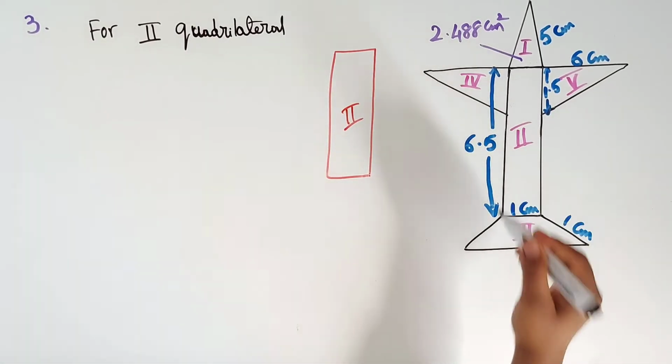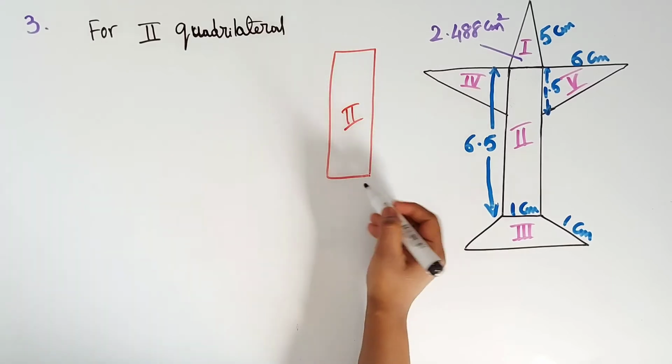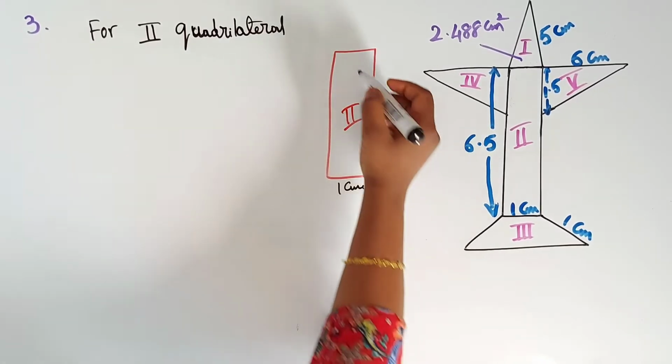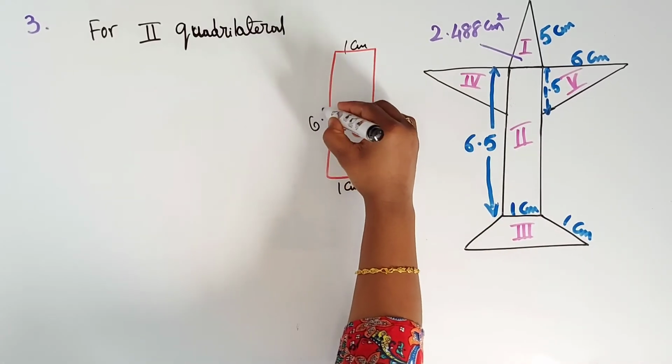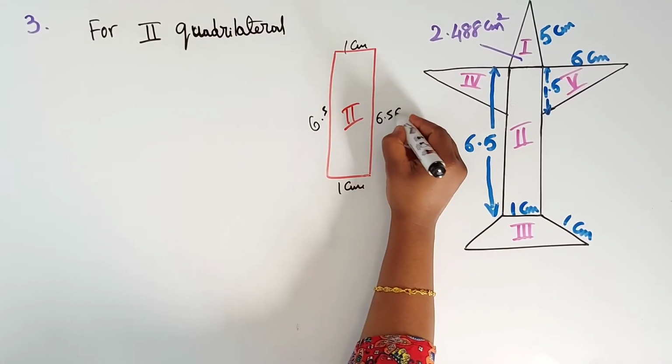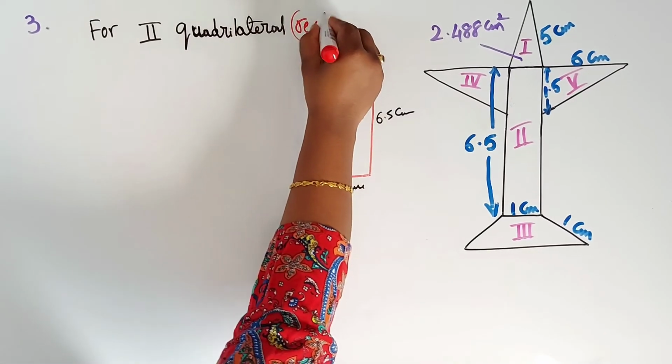Now for the second part, children, this is like a quadrilateral. That means a rectangle, children. See here 1 centimeter, which means here also 1 centimeter. This is 6.5 centimeter, that means this is also 6.5 centimeters. So this is a rectangle, children.